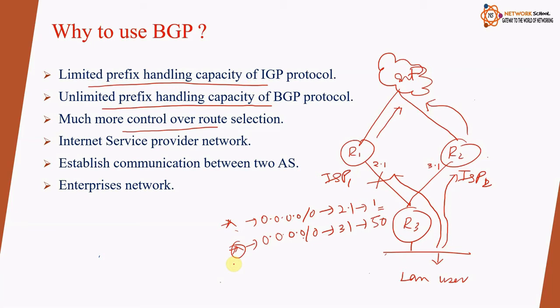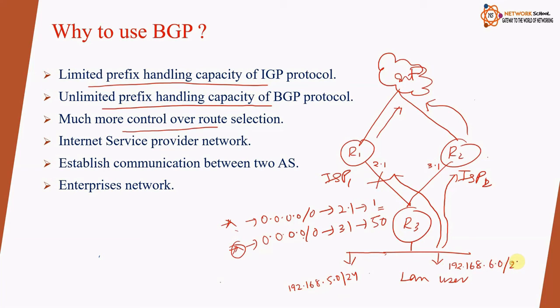Now let's say I have another LAN subnet, 192.168.5.0/24. The users in this subnet would like to go to the internet. And we have another subnet, 6.0/24.